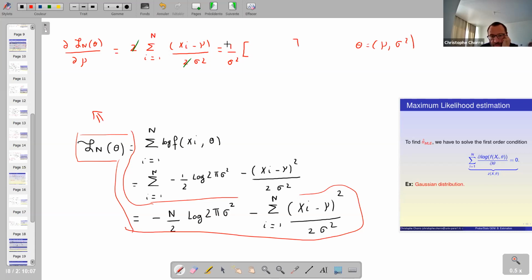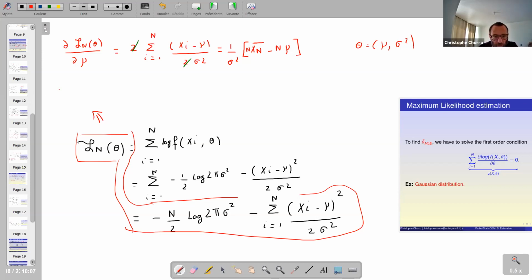But the sum of the xi, that I can write x̄n multiplied by capital N. It's capital N times the simple mean because it's the sum, so I multiply by the number of observations, minus capital N mu here. So I can express it in this compact way here.